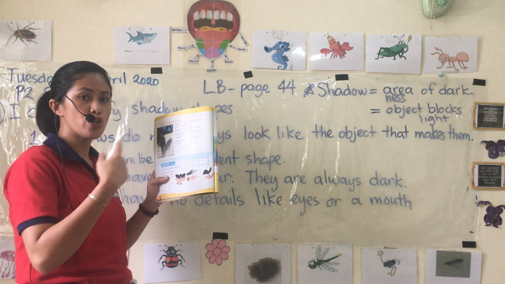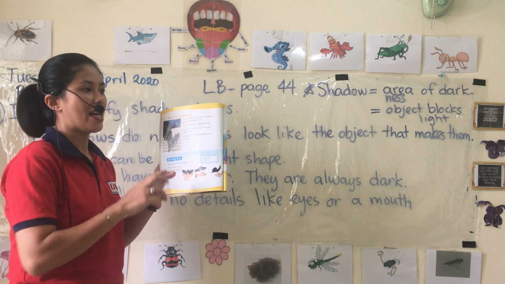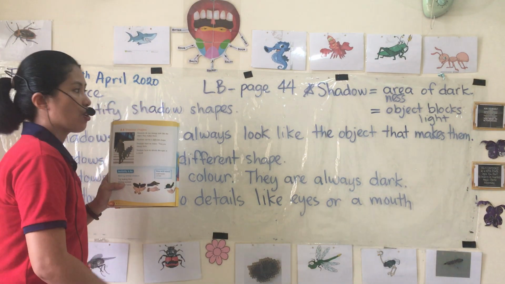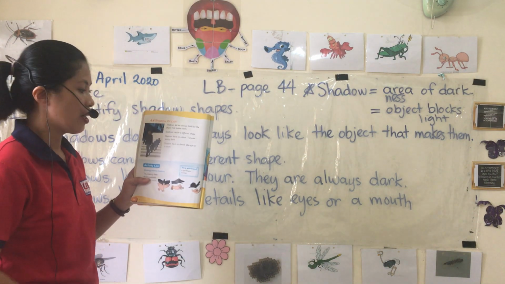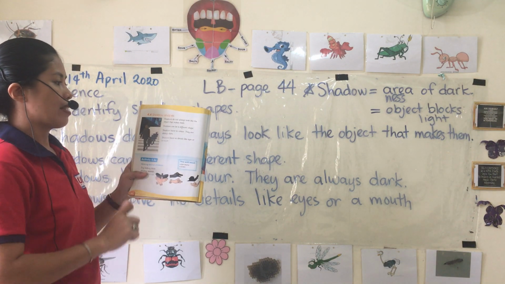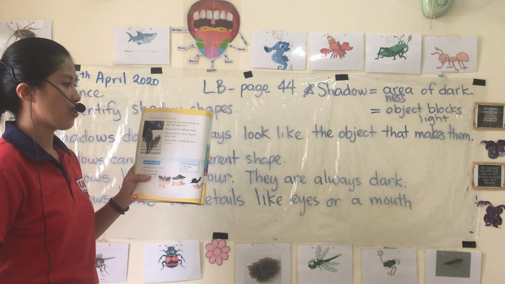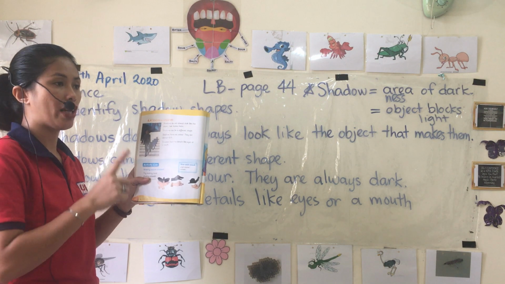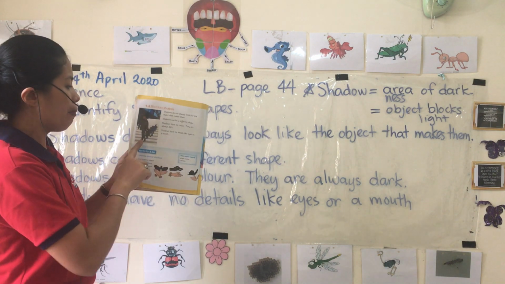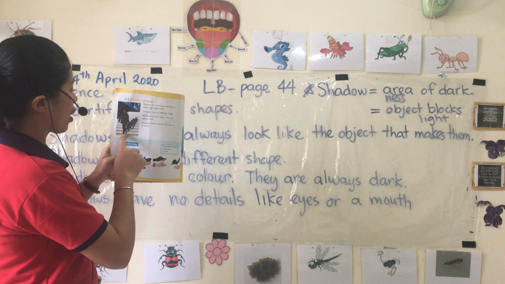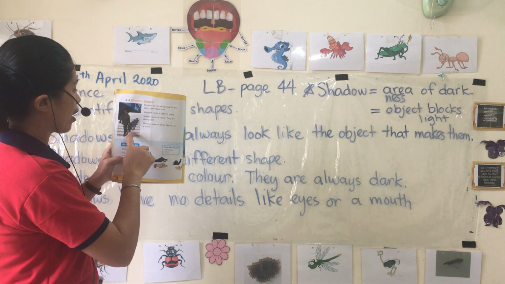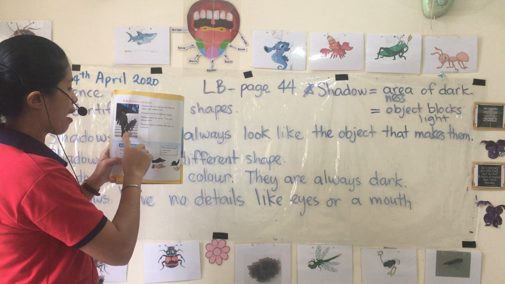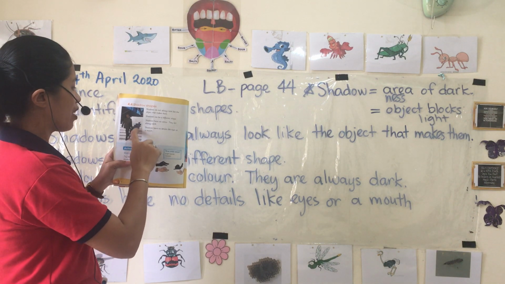This guy is going to his work, I think, and he is going up the stairs. One reason why the shadow does not look exactly like the man is that there are stairs, and the stairs distort the shadow of the man.